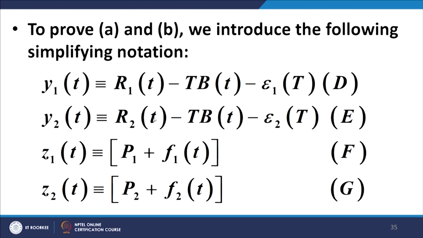To prove this, A and B, use the following simplification notation. This is given in equations D, E, F and G. This is simply abbreviation so that the calculations and the representations of various equations do not get cumbersome. We abbreviate various expressions by single symbols.